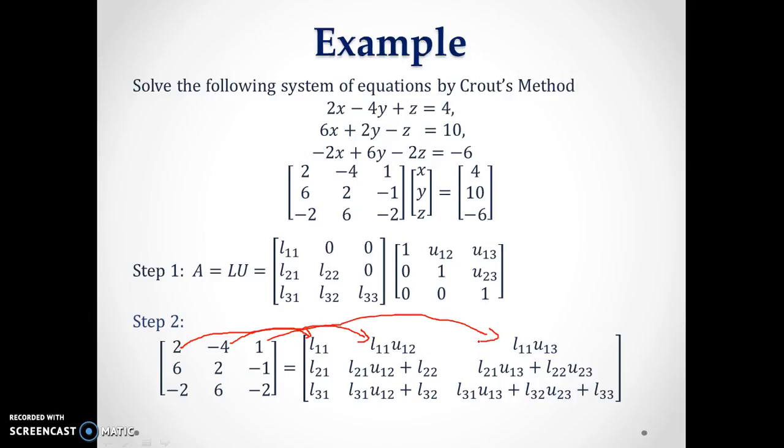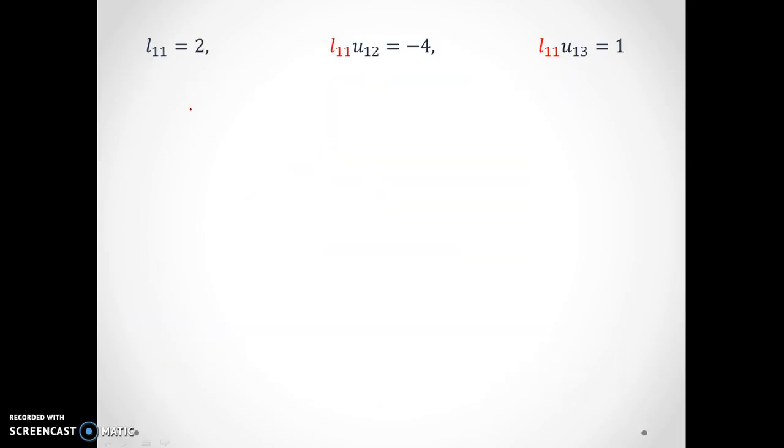I'm going to solve this equality row-wise. I first look at the equality of the first rows of these two matrices and find some unknown values, and then we keep on doing this until we find all the values of the matrices L and U. Here we are with the equality of the first row of the two matrices.